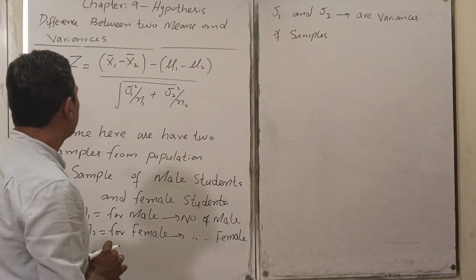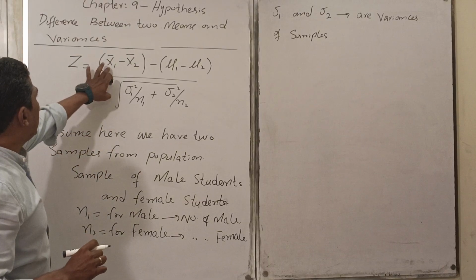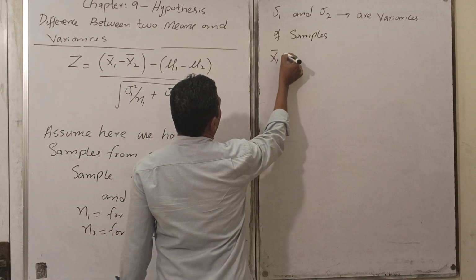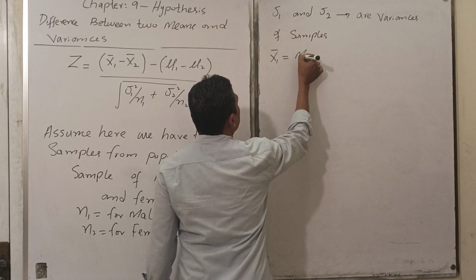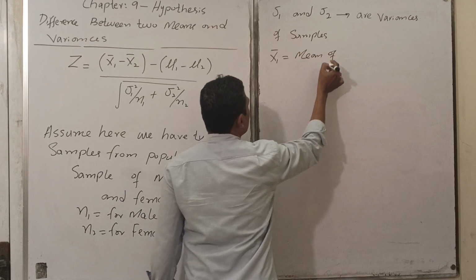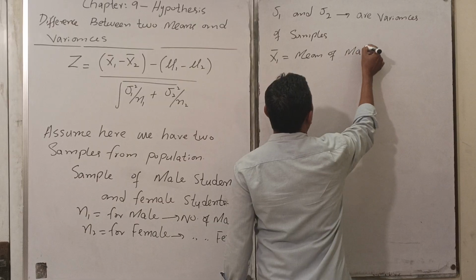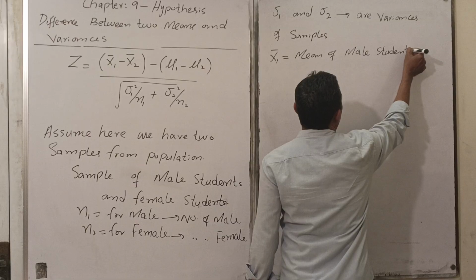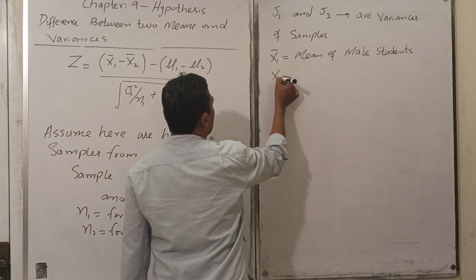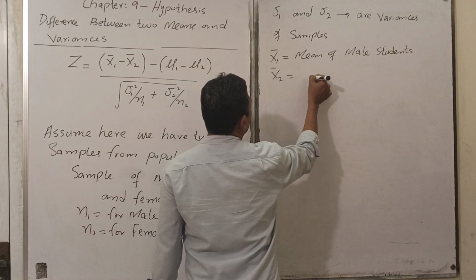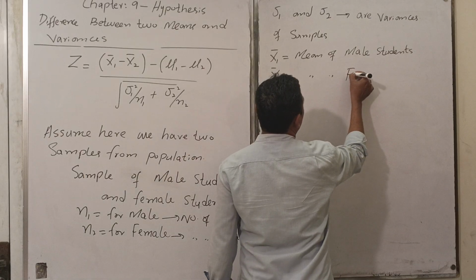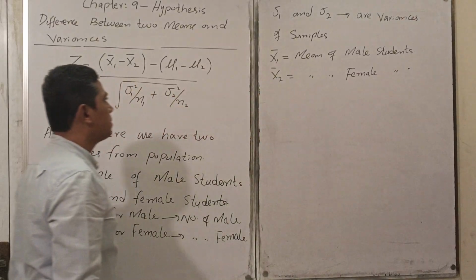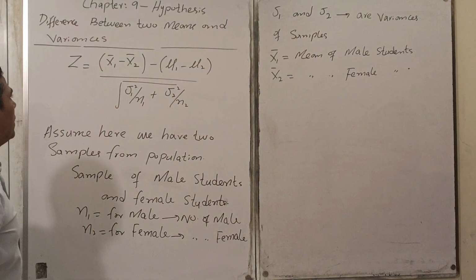And similarly, x1 bar represents the mean of male students. Similarly, x2 bar is the mean of female students. You got my point.